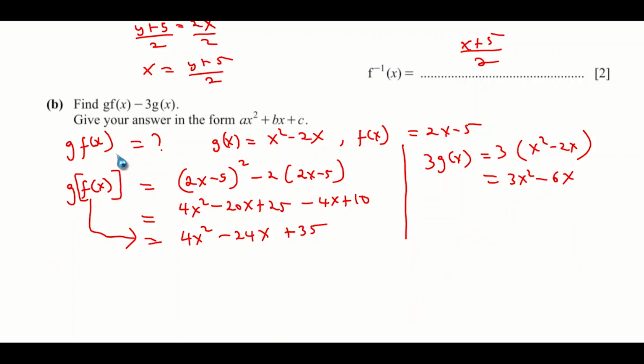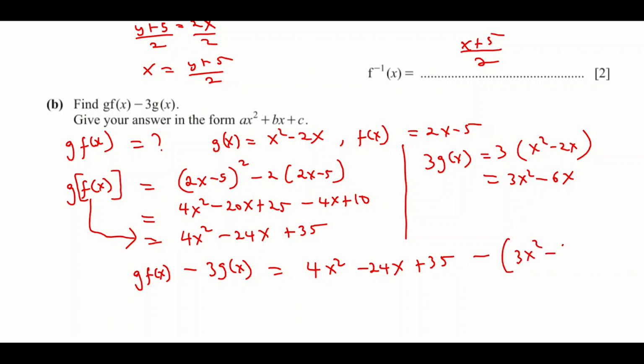I can write g f of x minus 3g of x as 4x squared minus 24x plus 35, then minus the whole of 3x squared minus 6x.